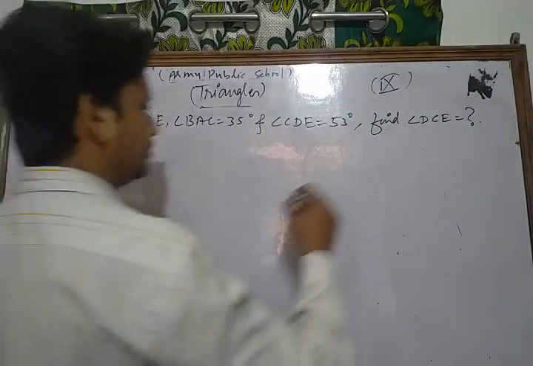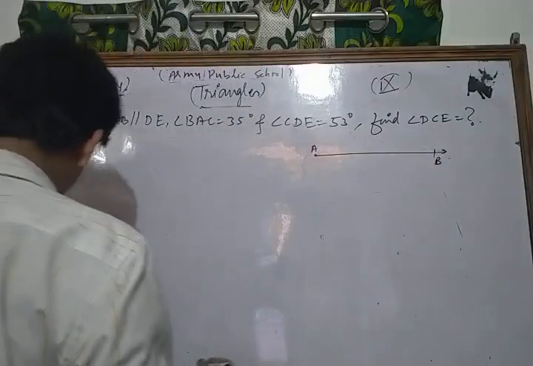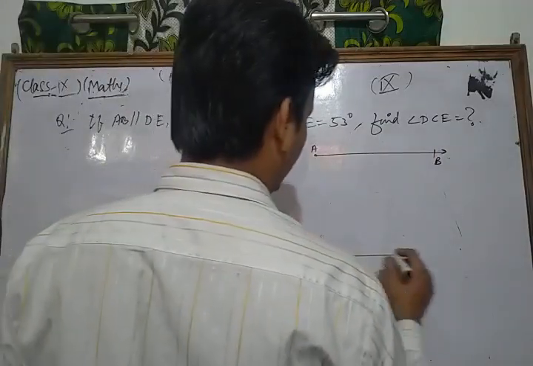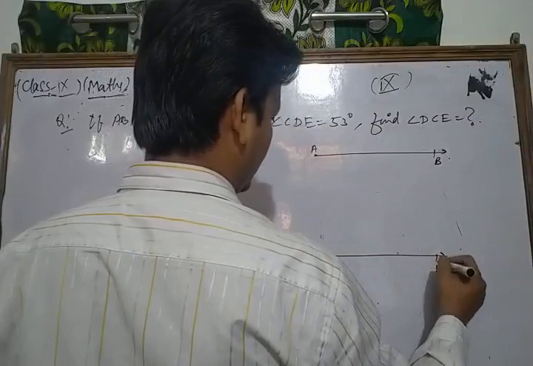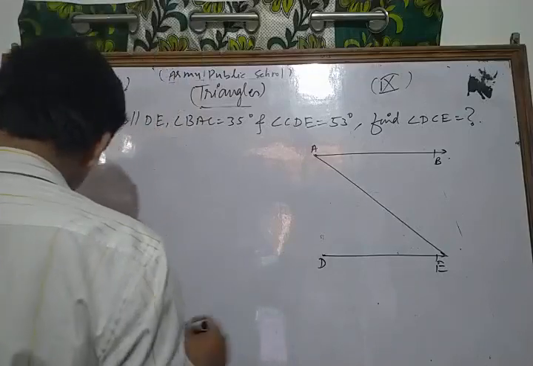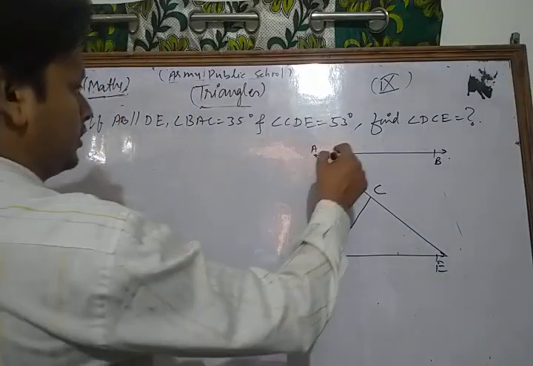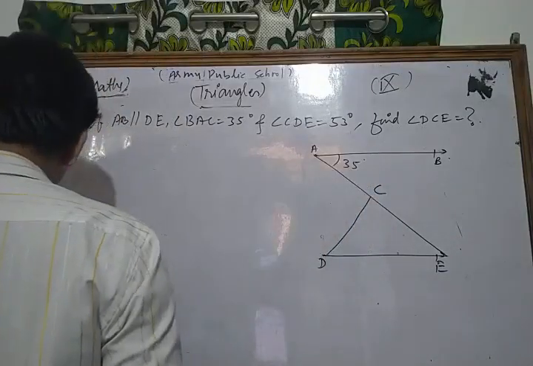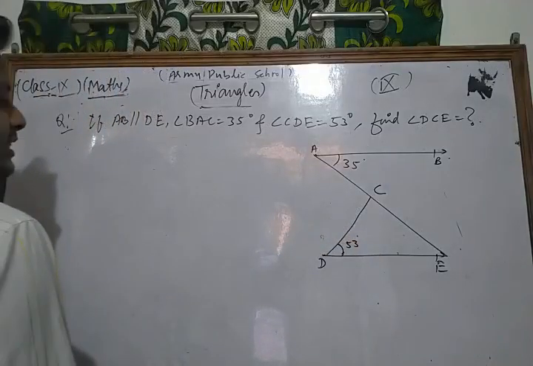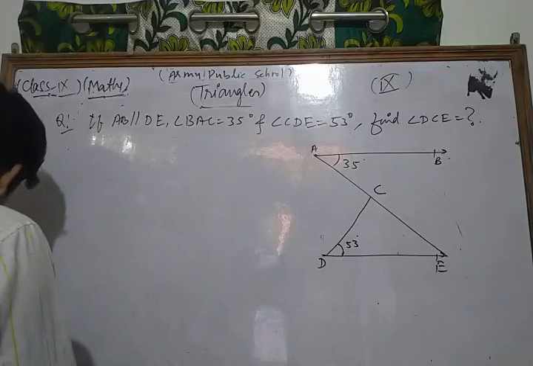And the figure is: AB parallel to DE. This is 35 degrees and this is 53 degrees. We find angle DCE.